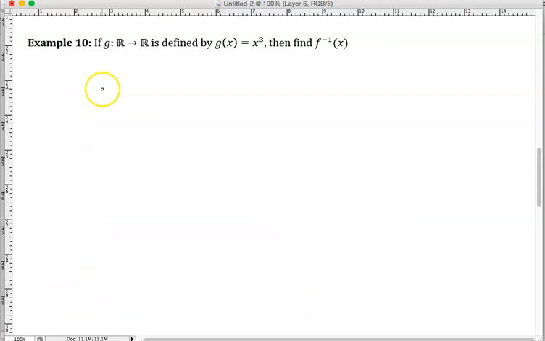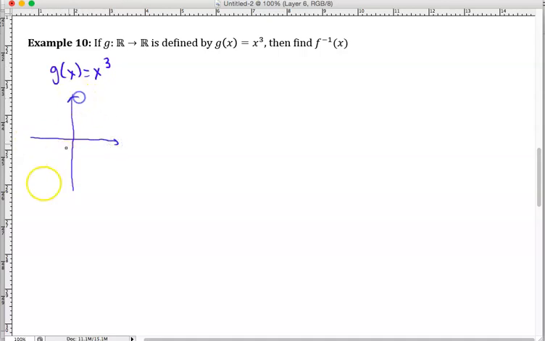And so here's a couple of examples of finding inverses with the functions given in algebraic form. So g goes from the real numbers to the real numbers and is defined as x cubed. Okay, so the x cubed function is a bijection.